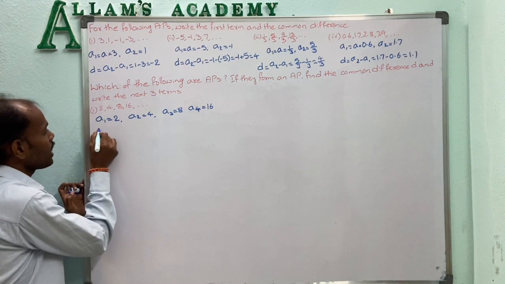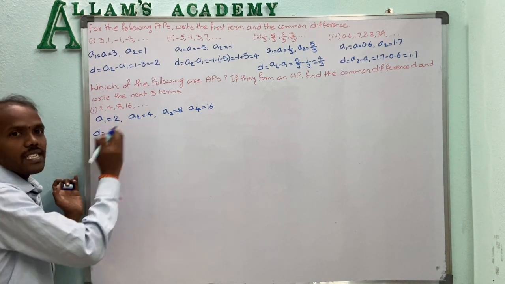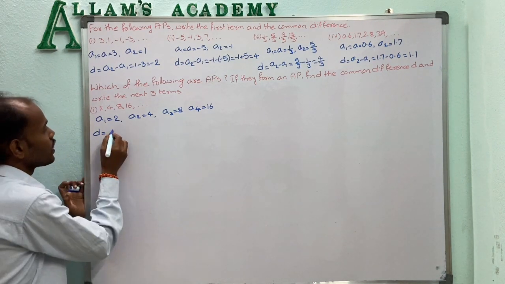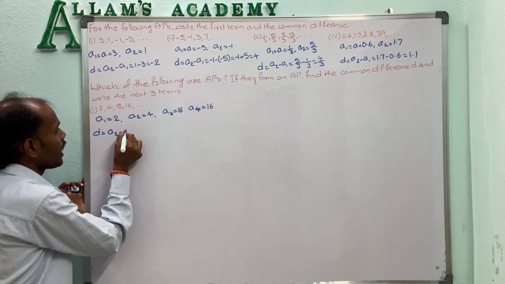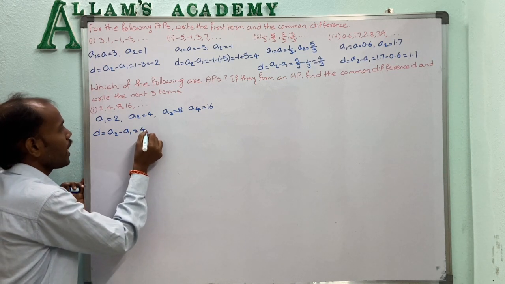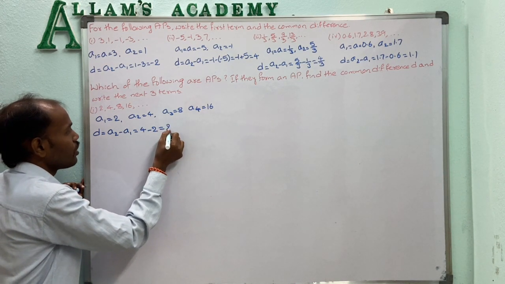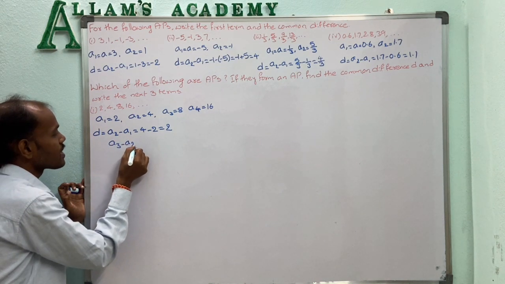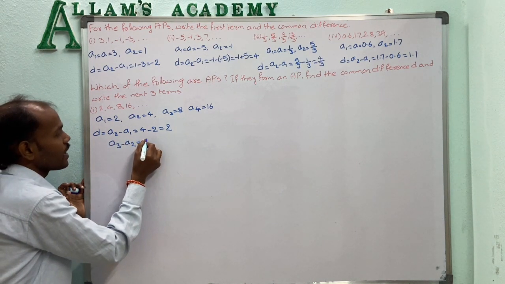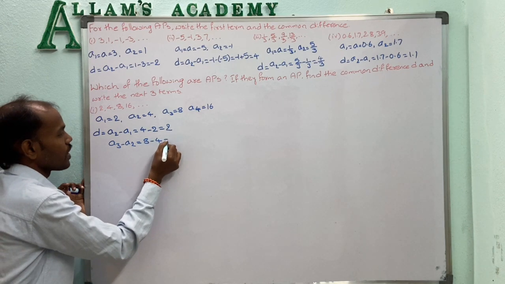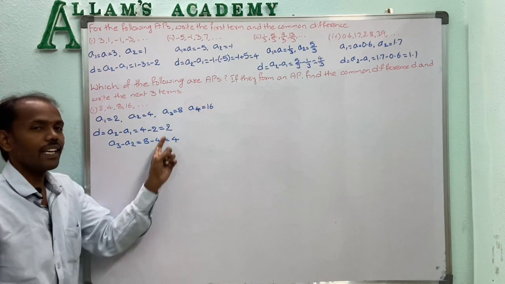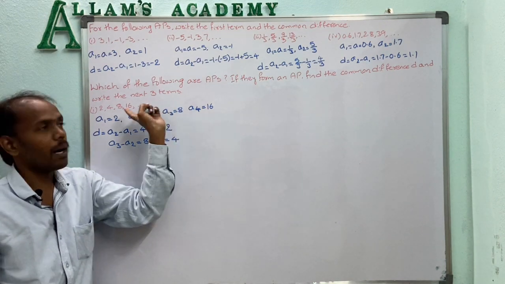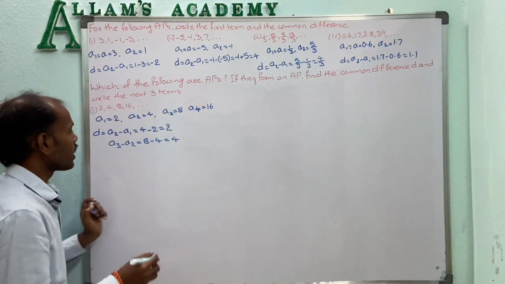If the common difference is equal for every subsequent two numbers, then it forms AP. So D is equal to A2 minus A1, that is 4 minus 2 is equal to 2. Now that is A3 minus A2. A3 minus A2 is 8 minus 4 is 4. Now here the common difference is not equal. So the given problem does not form AP.